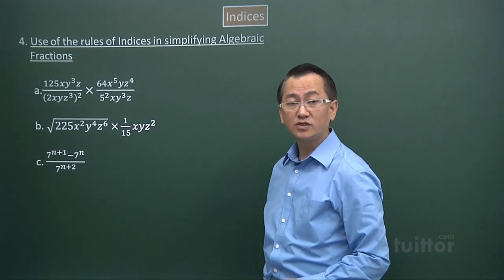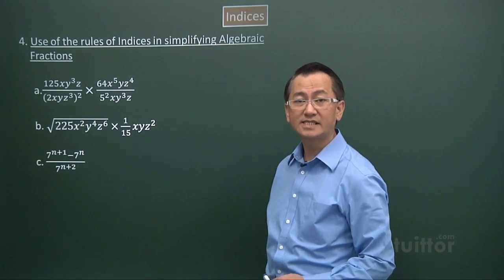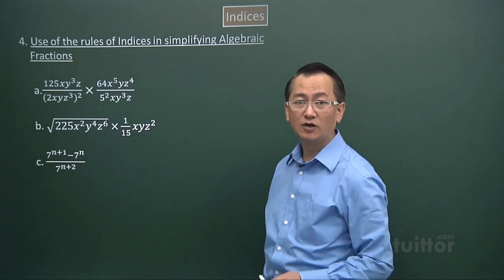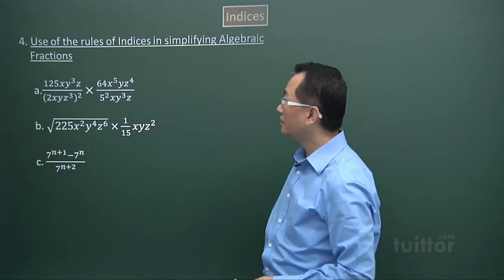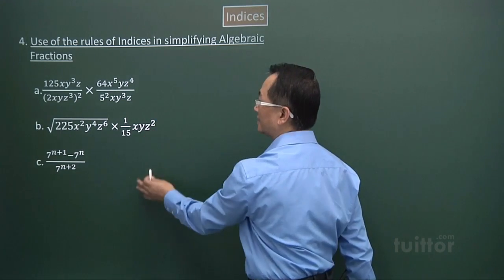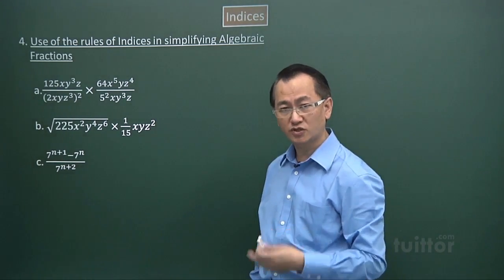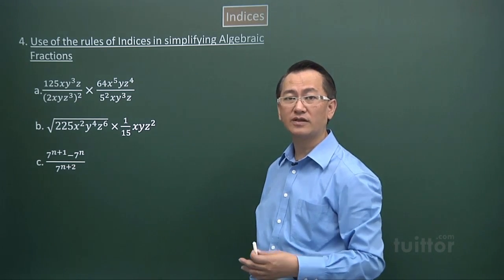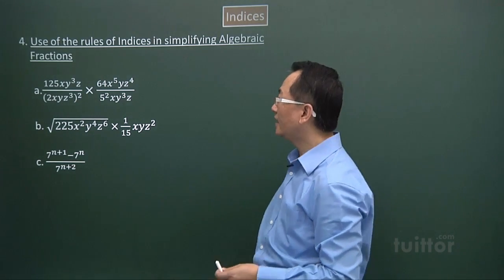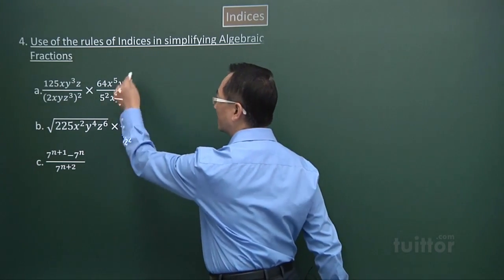Now we look at the use of integers in simplifying algebraic fractions. I have here 3 cases, but the approach that I would show you is not the messy approach that just does cancellation everywhere.